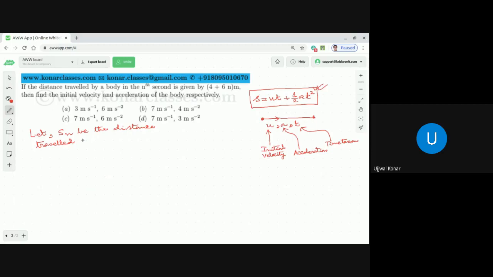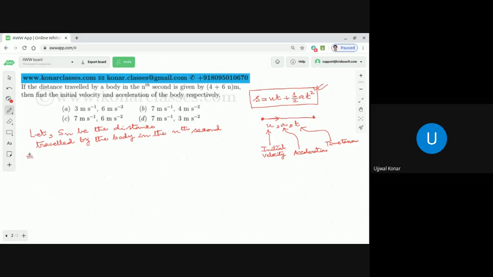Let Sn be the distance traveled by the body in the nth second. That is a very important statement, dear students. Nth second means if n is equal to 2, the second second, if n is equal to 3, the third second is what is traveled.